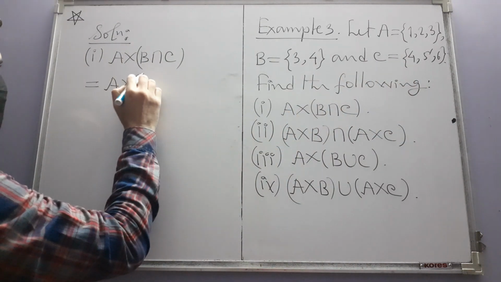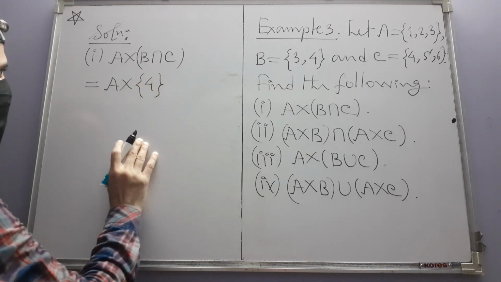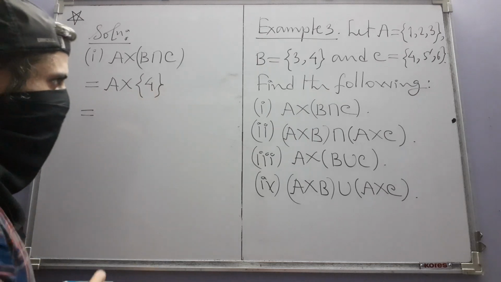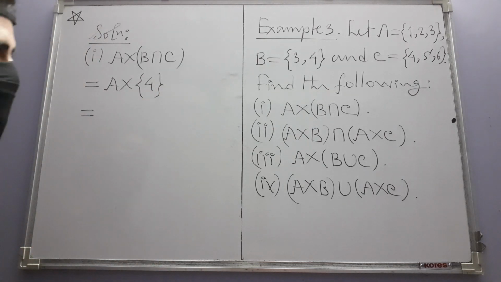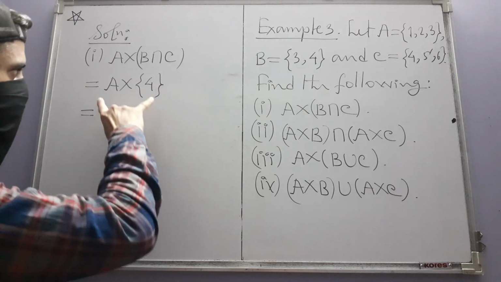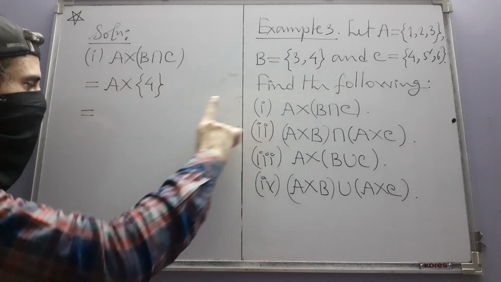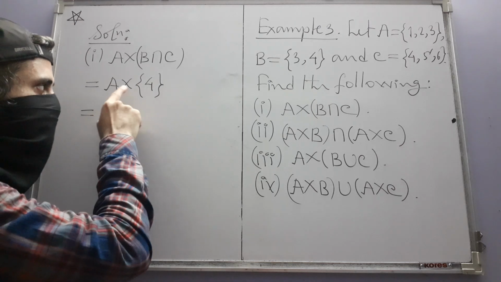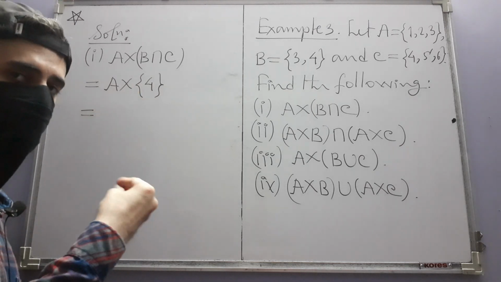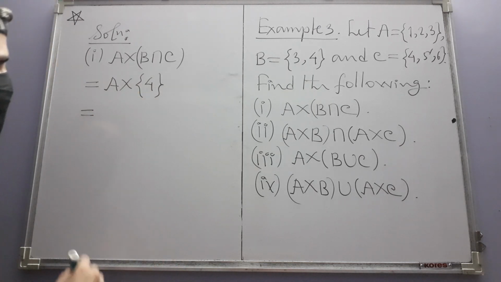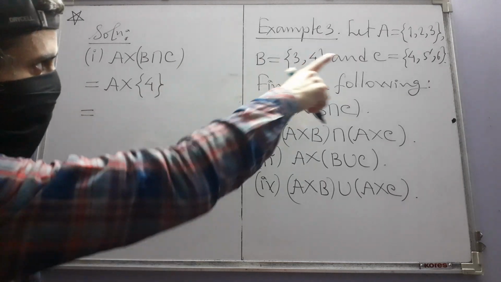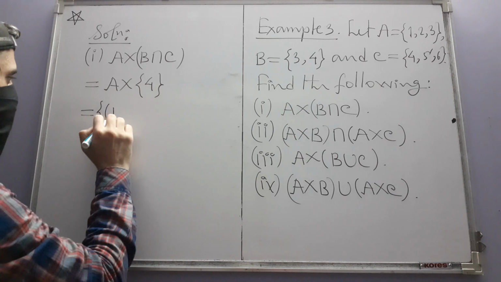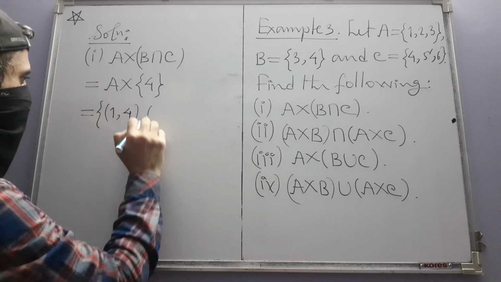Yes. Oh, so that itself makes the job slightly easier because here you have only 4. Alright, so now what will you do? This is going to be the set of ordered pairs where the first component is going to come from A and the second one is fixed, it's only 4, there is no other option. The first component however can be either 1 or 2 or 3. Accordingly you will get these ordered pairs.